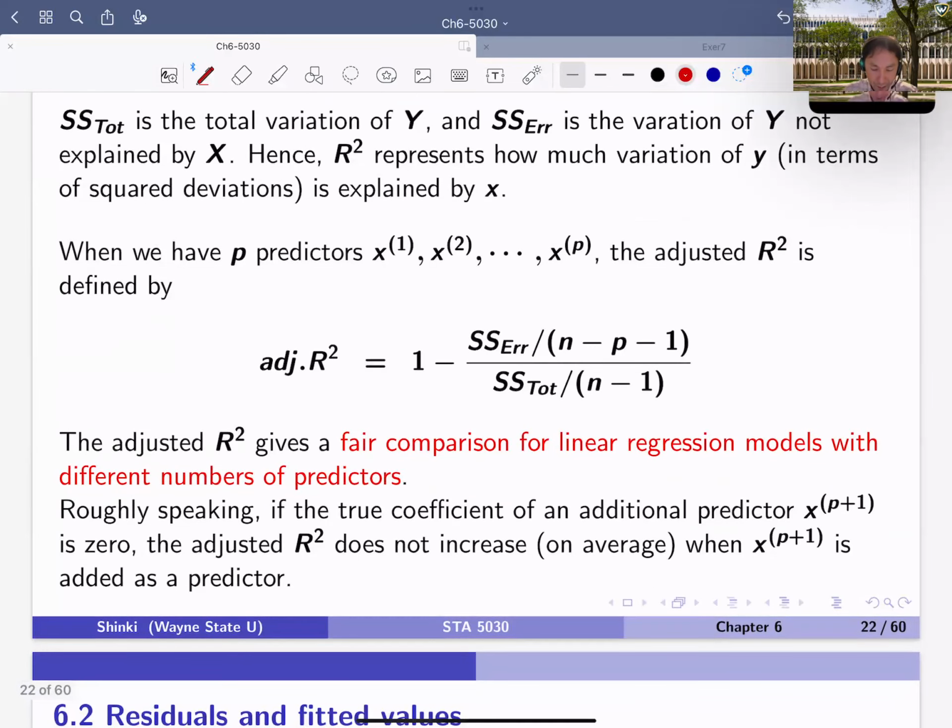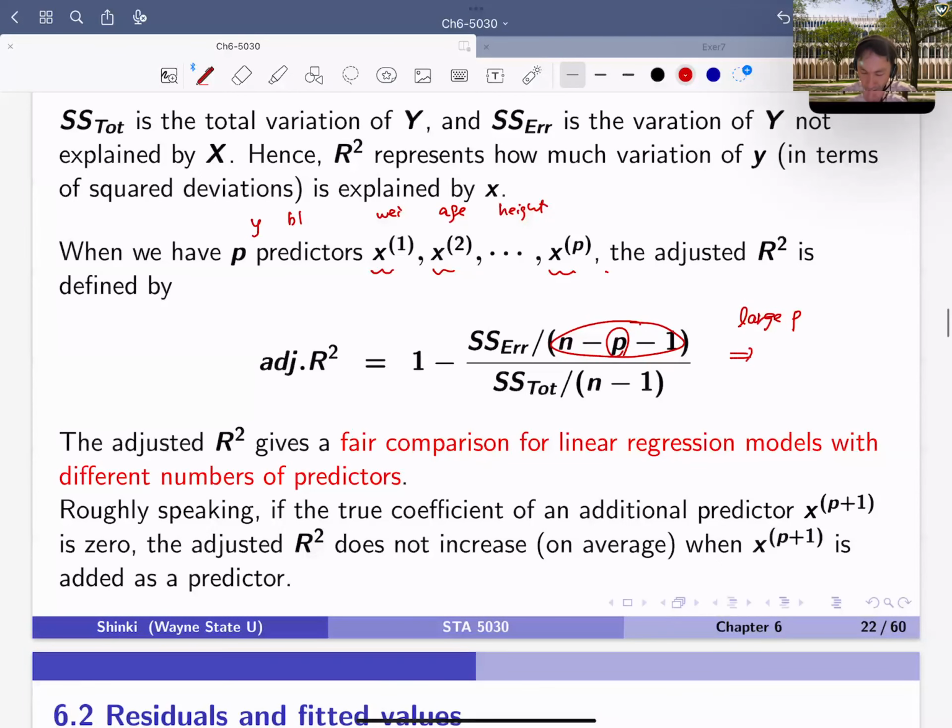And if we have multiple predictors, such as we explain the blood pressure by the weight of people, age of people, height of people, and so on, with p variables, adjusted R square is defined by 1 minus SS error over n minus p minus 1, over the total. So the p affects here. With large p, the denominator gets larger, the numerator gets larger, and 1 minus the entire quantity gets smaller.